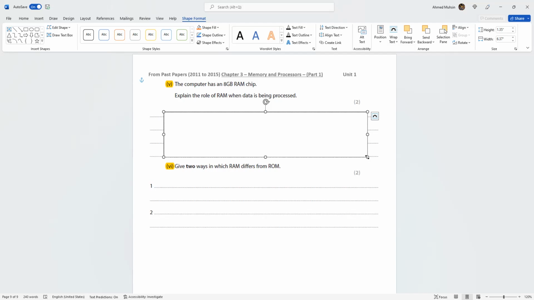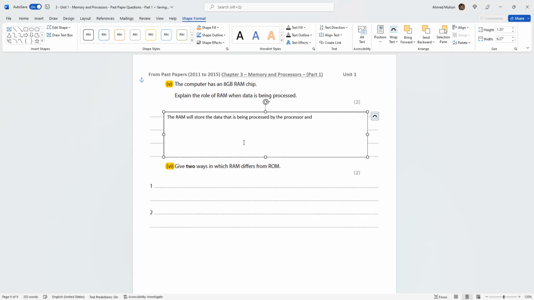And in addition to that, the RAM is also holding programs that are running in the background. So let me put it down in words so you will have a better understanding. You can say the RAM will store the data that is being processed by the processor.